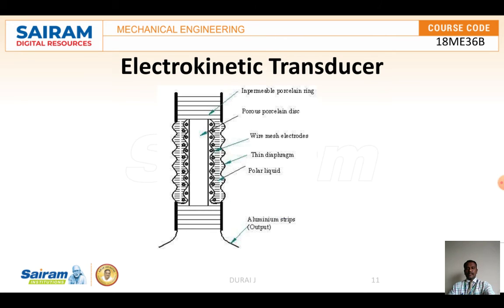Then we come to some of the electronic transducers. What electronic transducers are there? We are going to see the electrokinetic transducer. Before that, the electronic transducer element is used to measure surface roughness, as an indicator, accelerometer, and in pressure and force measurement.